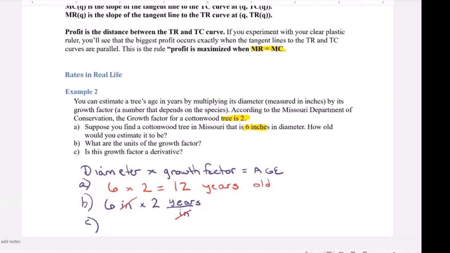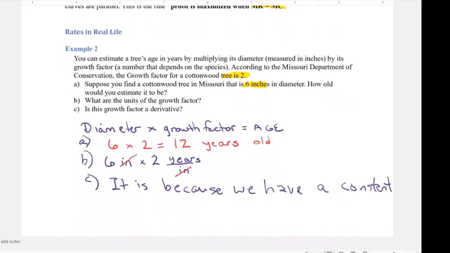Is this growth factor a derivative? It is. Why is it a derivative? It is because we have a constant rate of change.